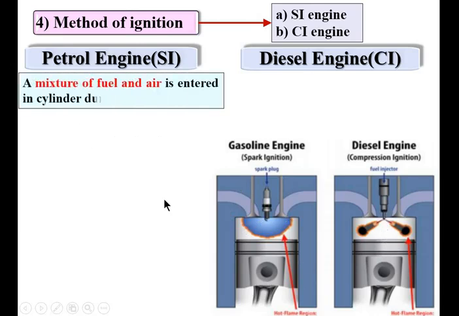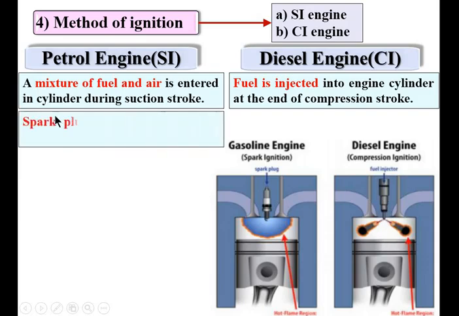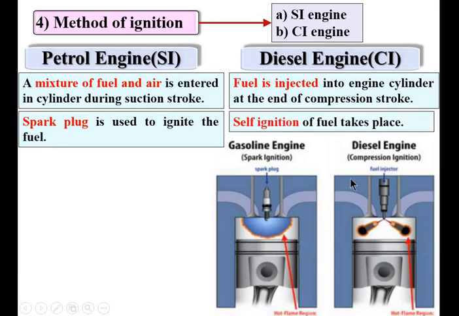In petrol engine, a mixture of fuel and air enters the cylinder during suction stroke, whereas in diesel engine, fuel is injected into the cylinder at the end of the compression stroke through the fuel injector. Spark plug is used to ignite the fuel in spark ignition engine, whereas in diesel engine, self-ignition of fuel takes place at the end of the compression stroke.